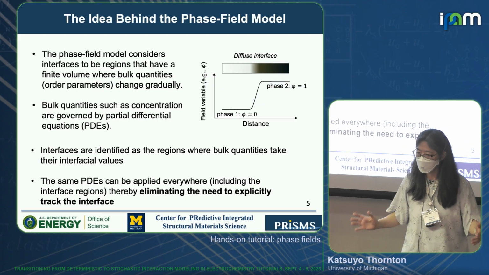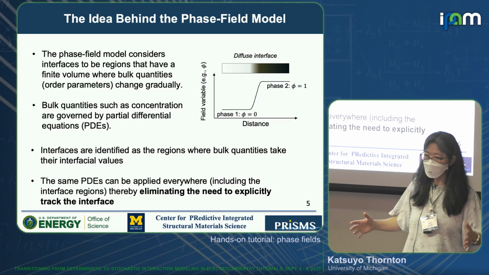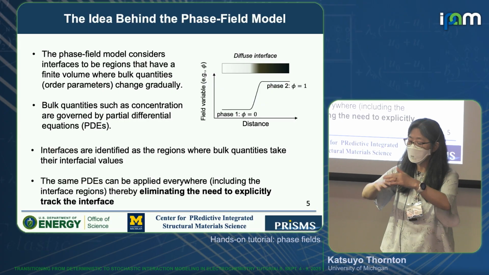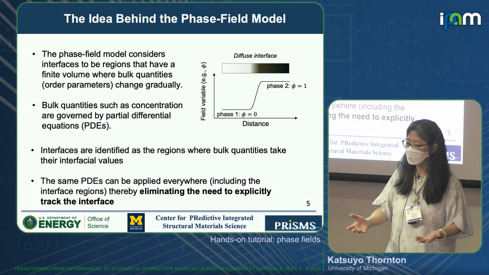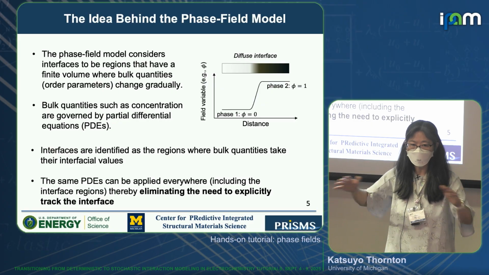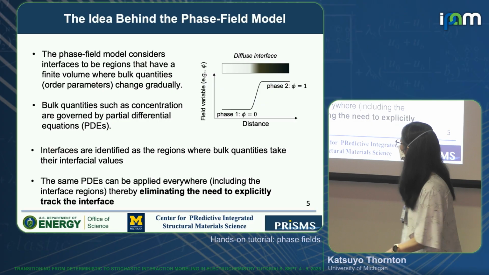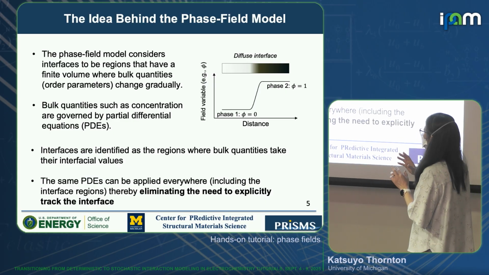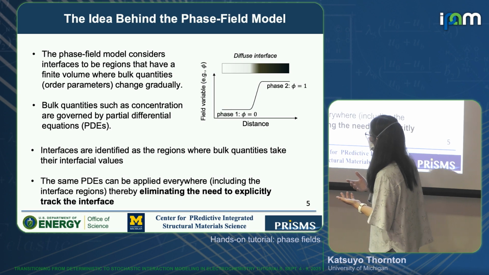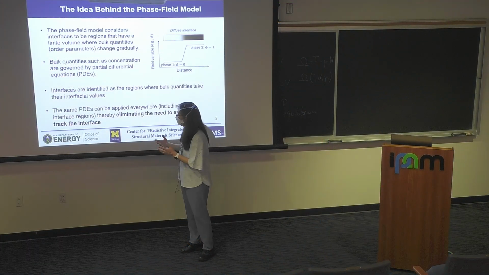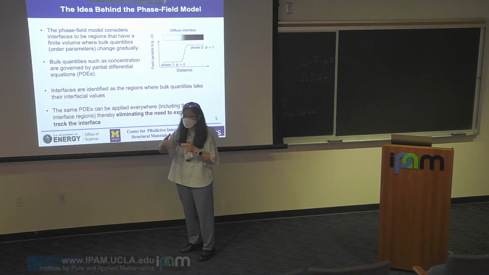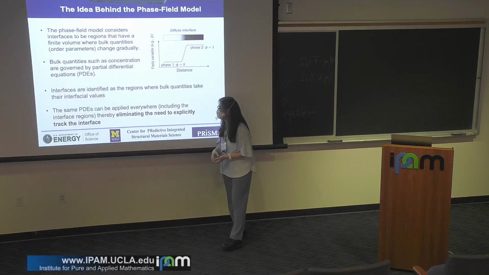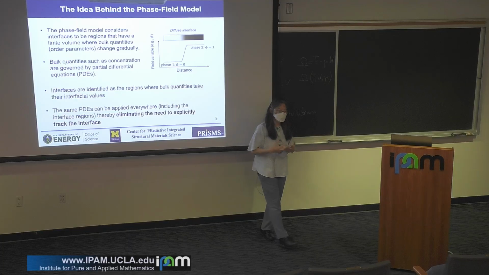If you are looking at a representative volume of the microstructure, in a solid or liquid or whatever, you can just assume a periodic boundary condition and solve the equation everywhere, and not worry about where the interfaces are. So you eliminate the need to explicitly track the interface.